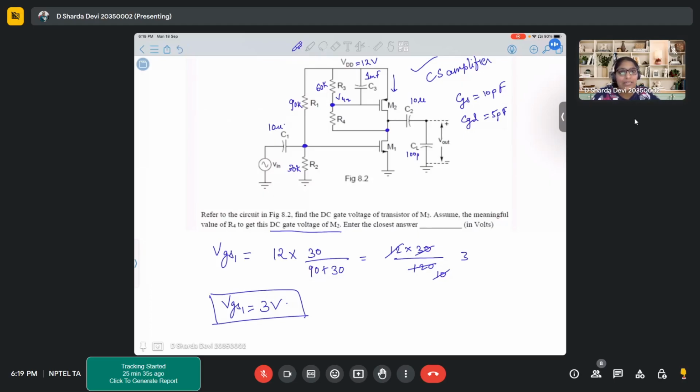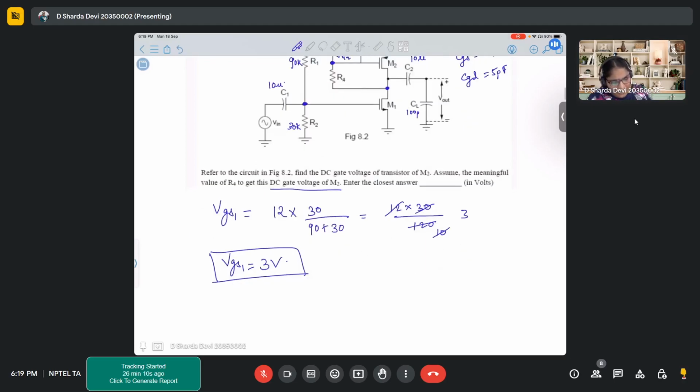So we can say that the currents through the transistors are equal, considering that they are in series combination, as these two resistors, R3 and R4, are not drawing very high current. You can already see R3 is 60 kilo, and R4 will also be a few kilo. So the current through these two resistors will be very low, so we can neglect that.